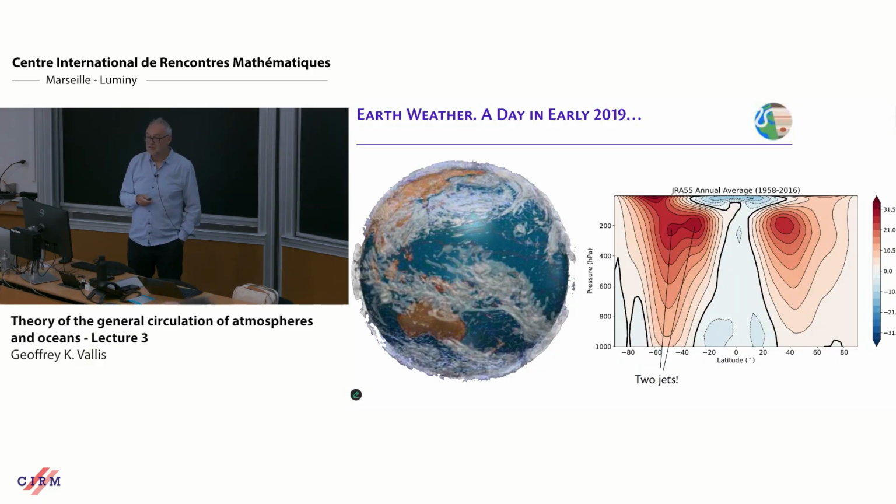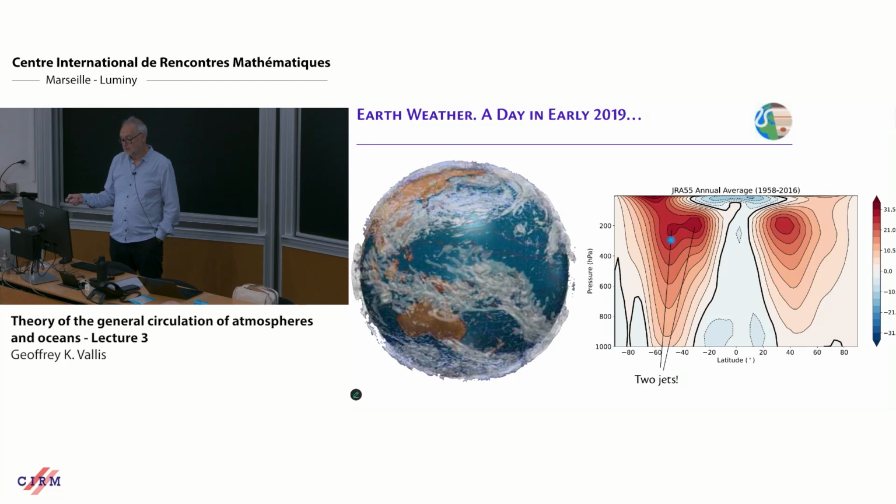Here's just a snapshot of the daily weather on Earth, but here is the time averaged flow in each hemisphere as a function of latitude and height, and you can see both strong jets in both hemispheres.